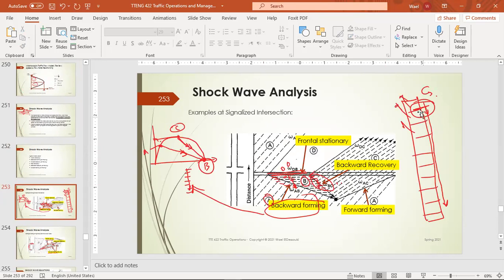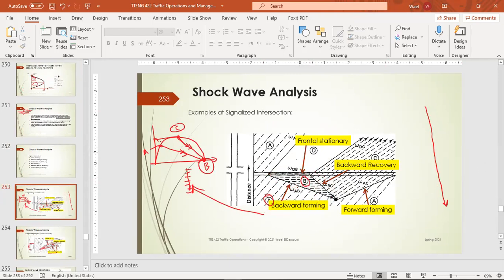At the traffic light, as you can see here, how many states of flow do we have? This is state A, which is the normal flow. Then, once the vehicles arrive here, they start stopping and stacking after each other.